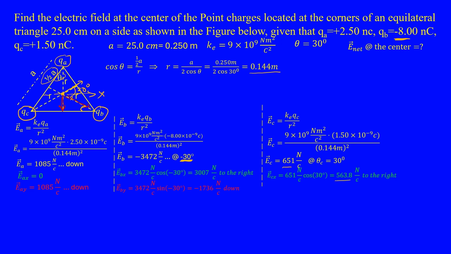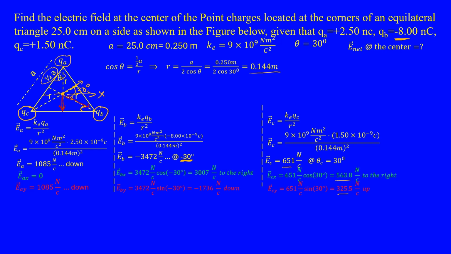That yields 563.8 newton per coulomb to the right. What about the y component? The y component will be the electric field at that point due to charge C multiplied by the sine of the angle. That's 651 newton per coulomb multiplied by the sine of 30 degrees, and that yields 325.5 newton per coulomb. And the direction is up because it's positive.